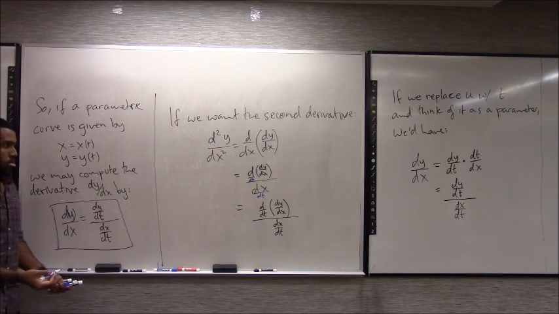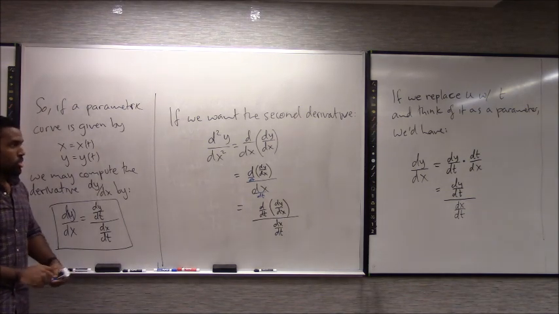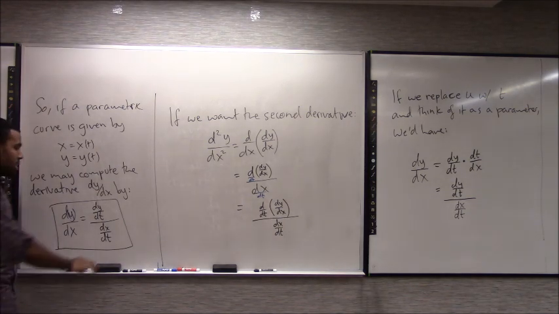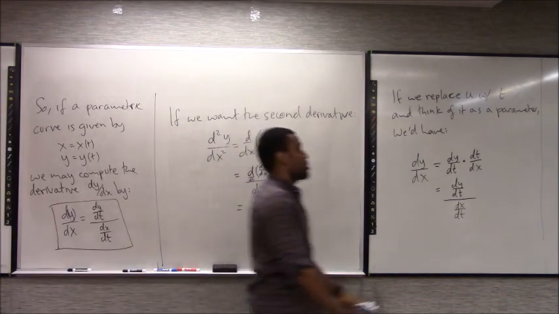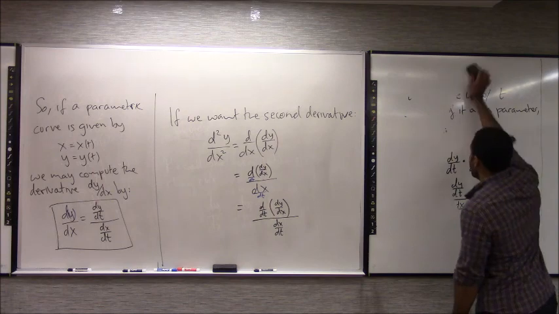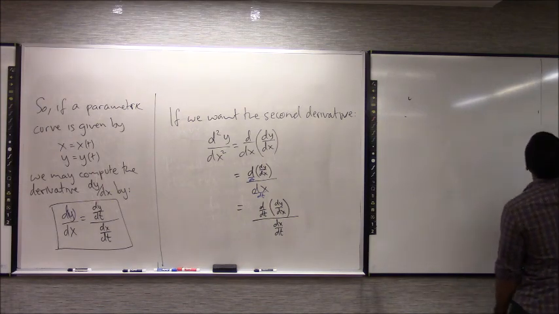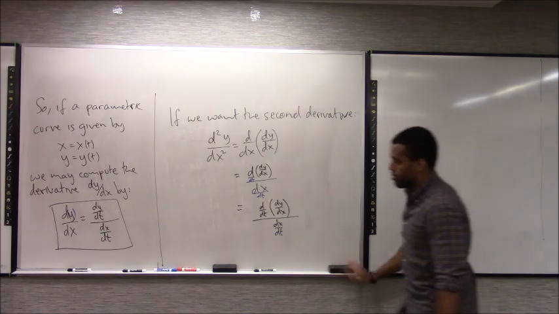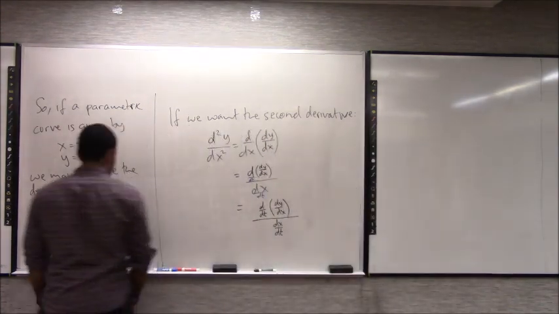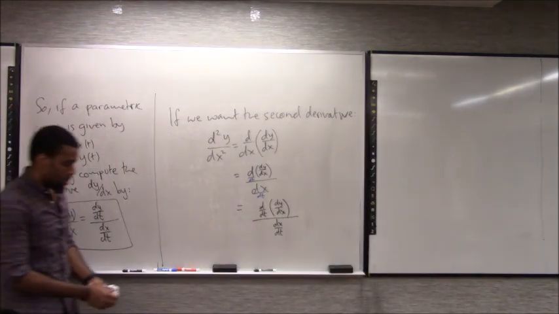That's one thing that's nice about the Leibniz notation for the derivative. It's actually pretty functional. You can kind of think of it as a fraction in many cases, which you'll use to get away with a lot of things in differential equations and multi-2 and multi-1, and we're using it to get away with something here. So a couple ways to see that that's how we could find the second derivative.